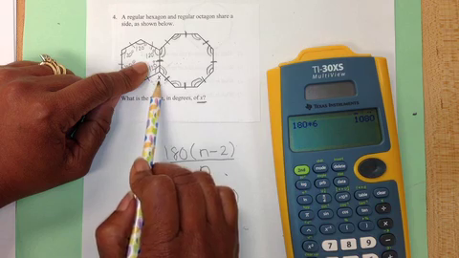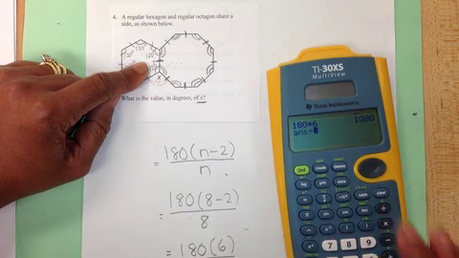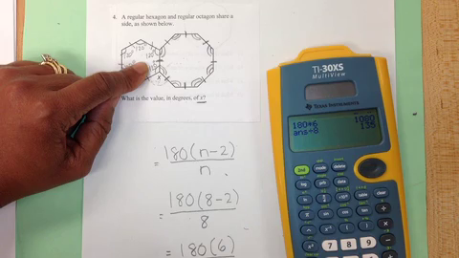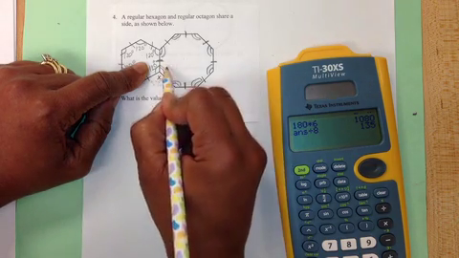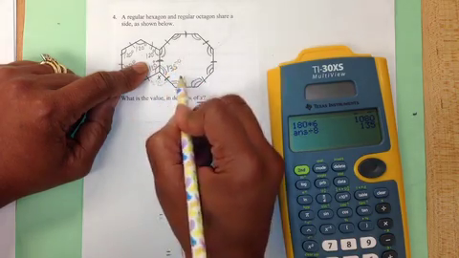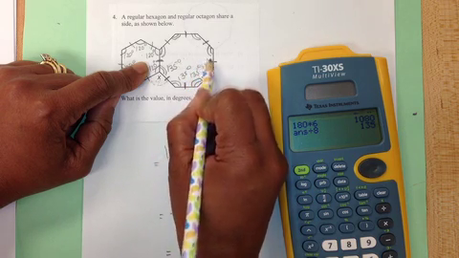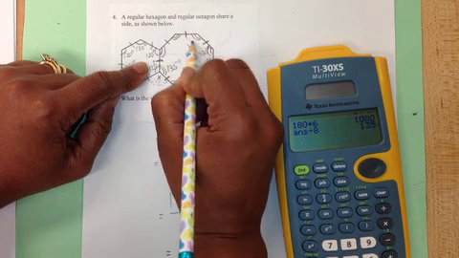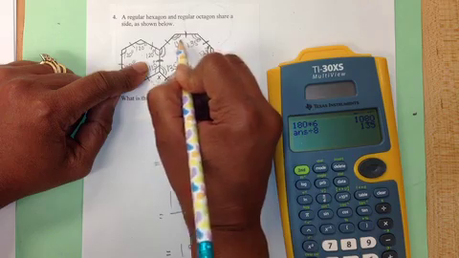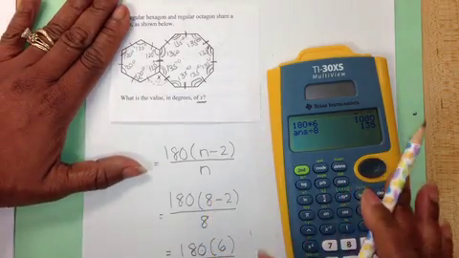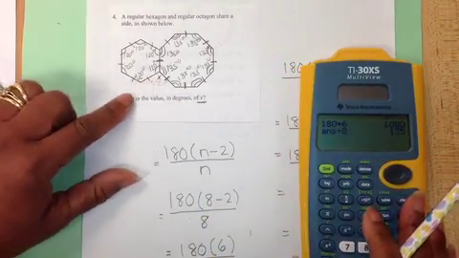So we divide that by the number of sides, that being 8, and we get 135 degrees. Therefore, each angle of this octagon is equal to 135 degrees. Notice I'm marking my figure. It's very important to mark your figure so you can have the information on display for you. It makes retaining the information much easier.